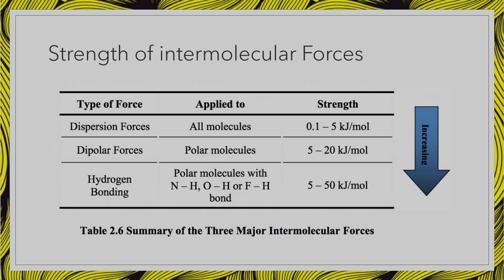That's about the energy that you have to put in to break those dispersion forces. So it's not much. Dipole-dipole interactions, on the other hand, are about 5 to 20 kilojoules per mole. And hydrogen bonding can go up to 50 kilojoules per mole. So the strongest hydrogen bond is about 500 times the strength of the weakest dispersion force.